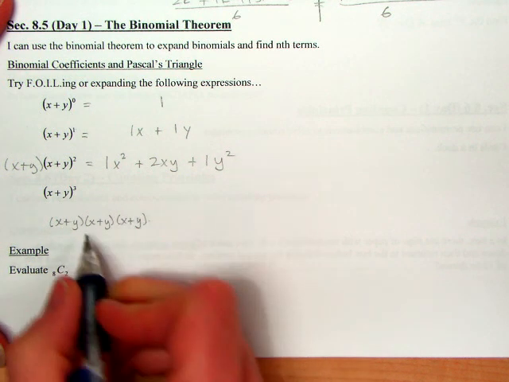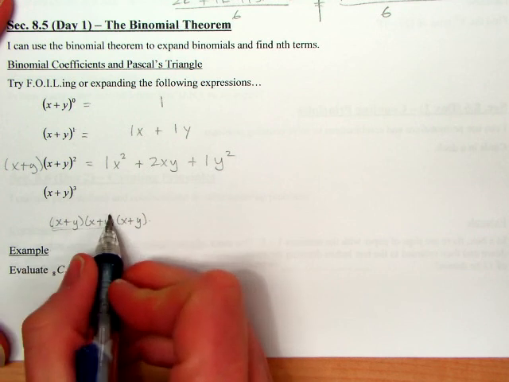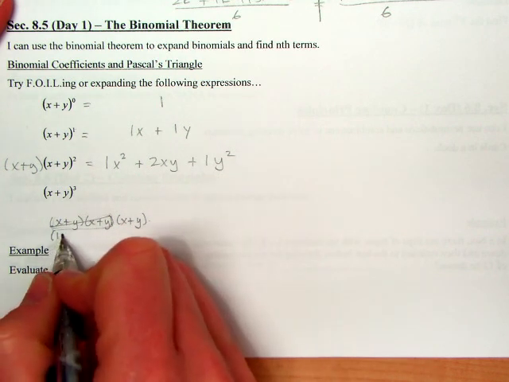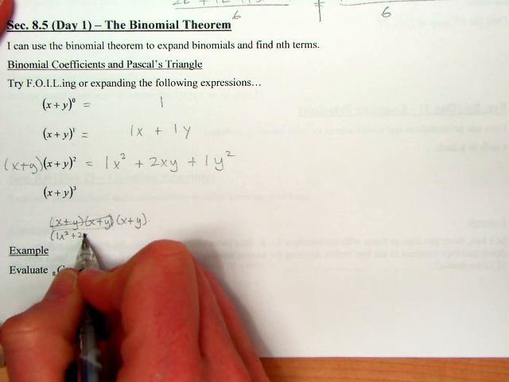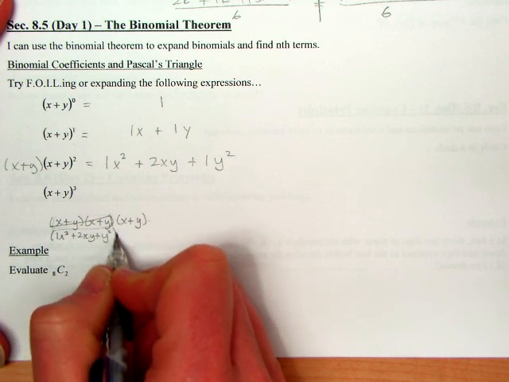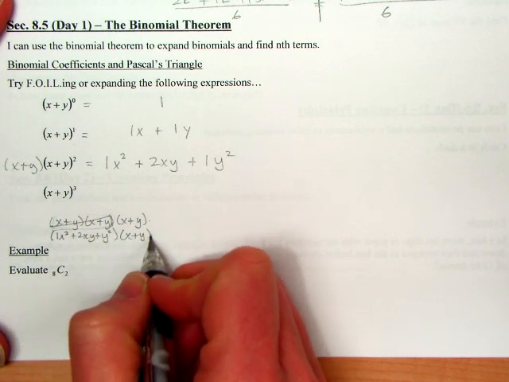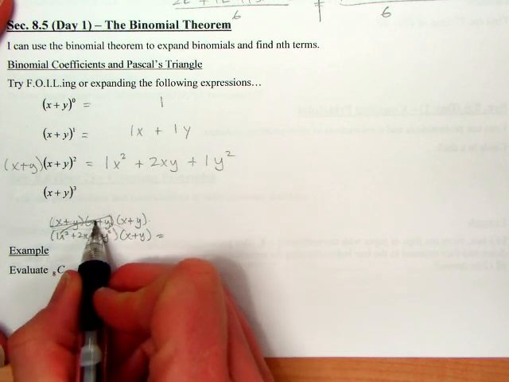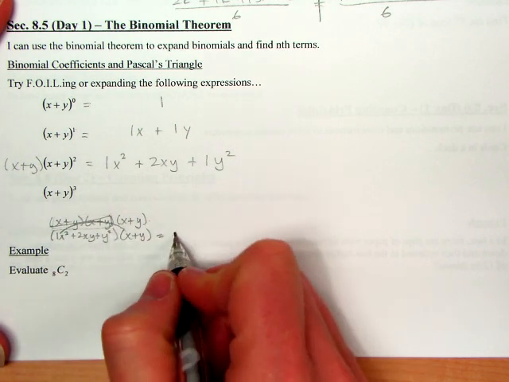Now we already did (x + y)^2. We already did that combination. That's right there. So I'm going to take that out and put that stuff in its place. So we got an x squared, two xy's, and a y squared. Now we need to foil it with an x plus y. So painstakingly, you draw those lines that you use for FOIL and keep track of who's getting multiplied.